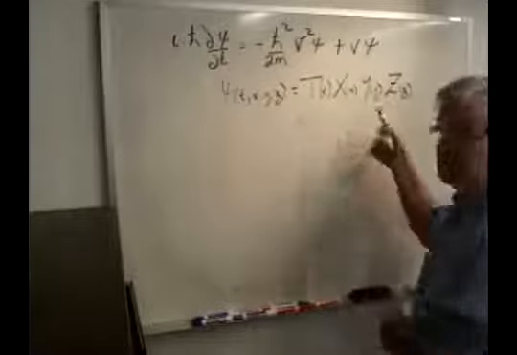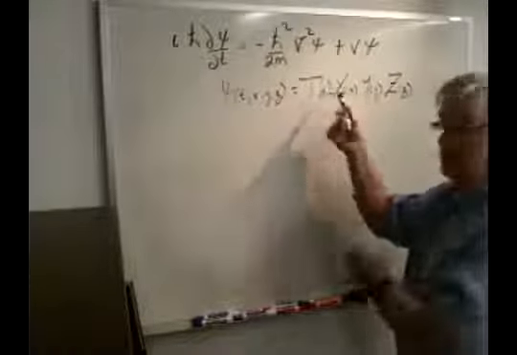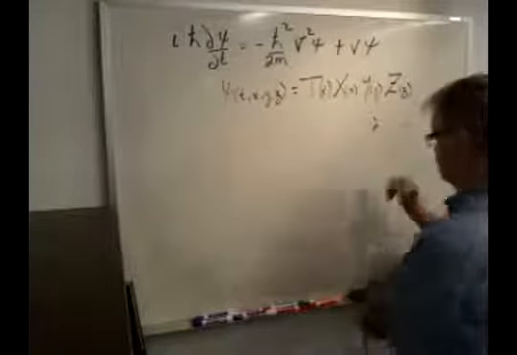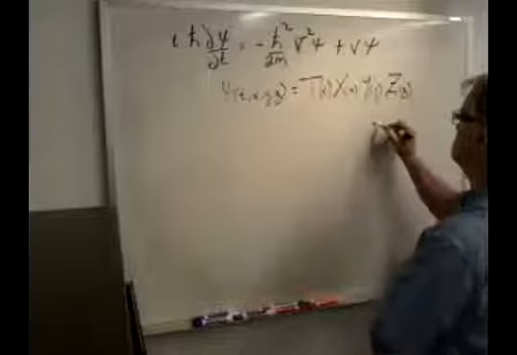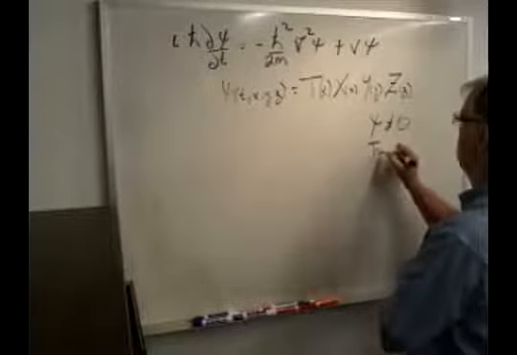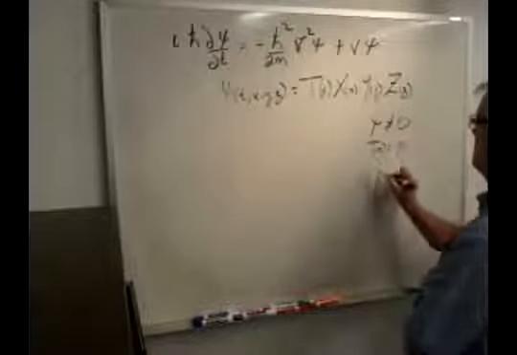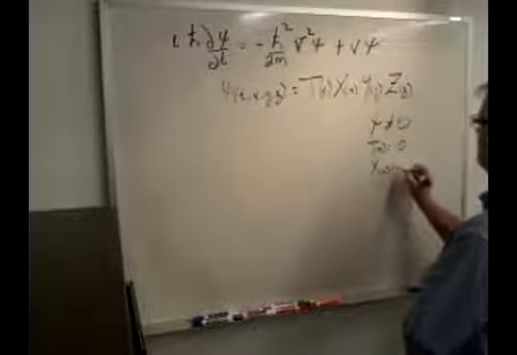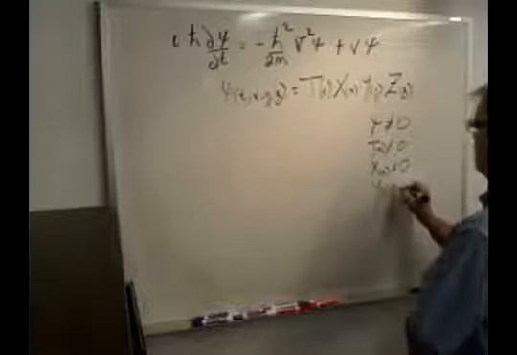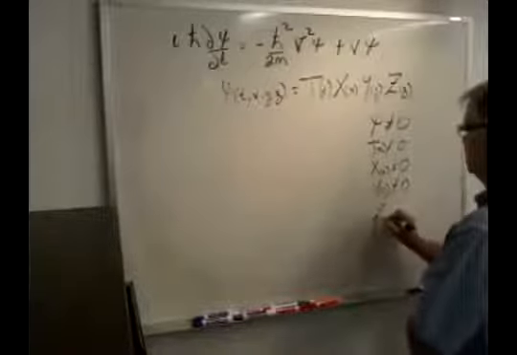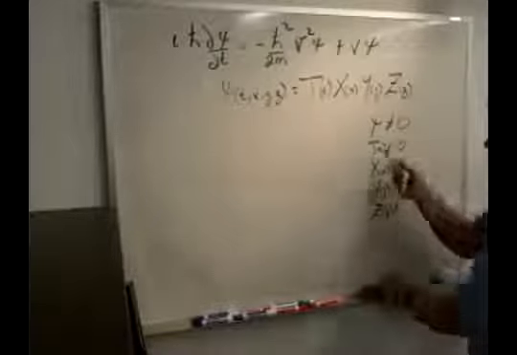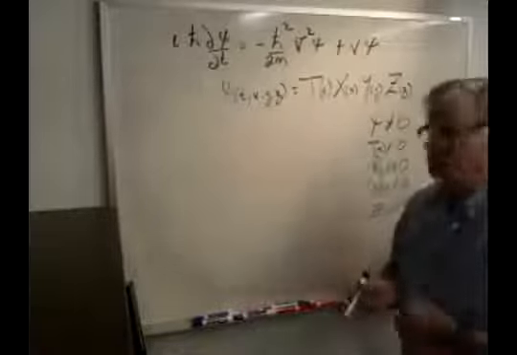These are now functions that are multiplied, each one being in its own variable. Because of this, we've said psi does not equal 0, and T of t cannot equal 0, X of x cannot equal 0, Y of y cannot equal 0, and Z of z cannot equal 0. I'm using capital letters to denote the function in each of the variables.